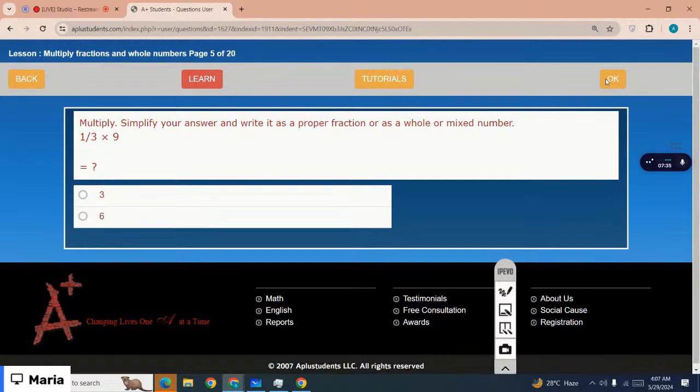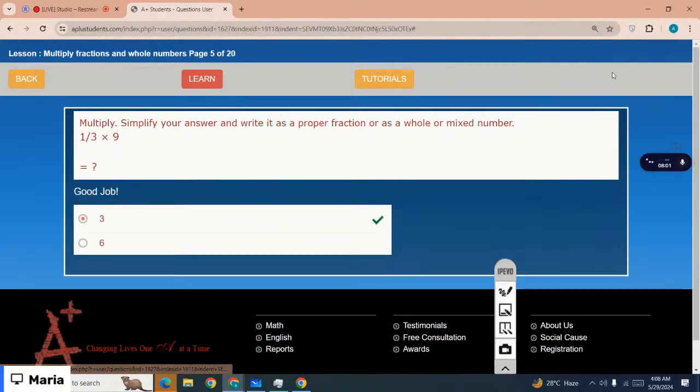The next one is 1 by 3 times 9. So which is the correct option? The correct option is 3. Option number 1 is the correct option.